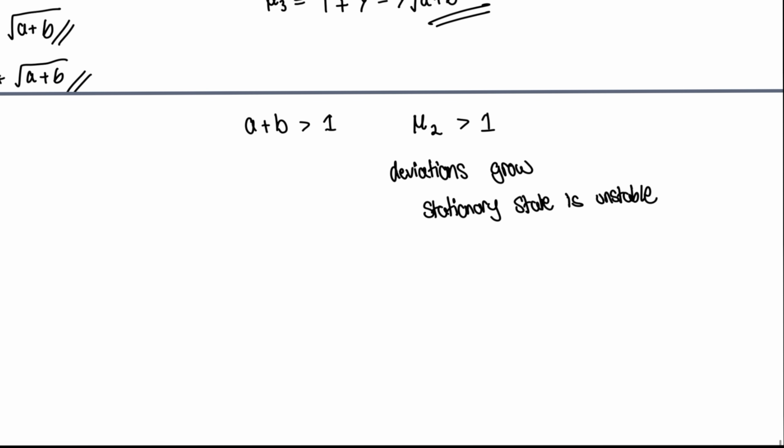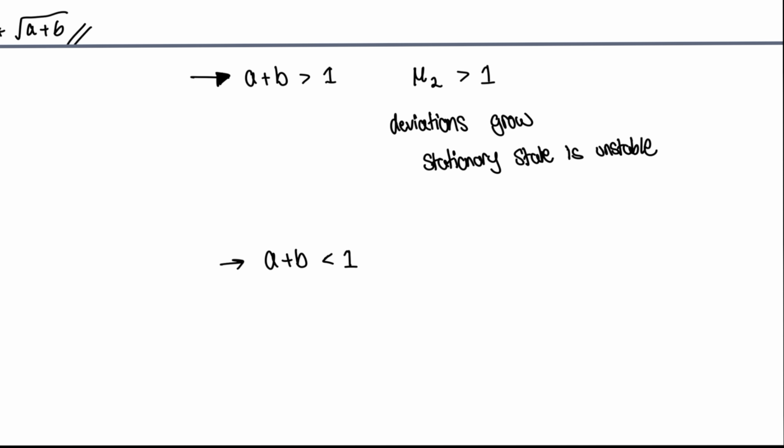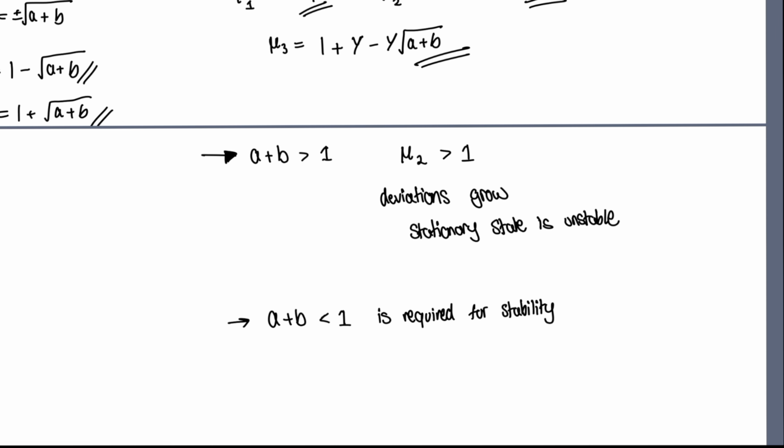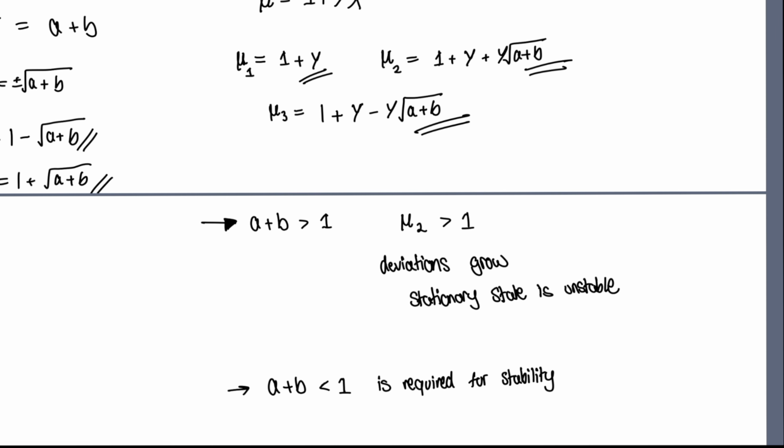So that's that. If we now flip this, then a plus b less than 1 is required for stability. Because a plus b greater than 1 gives an eigenvalue which is greater than 1, and hence the stationary state is unstable.